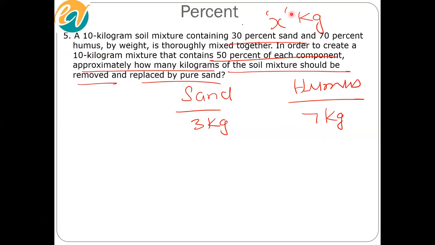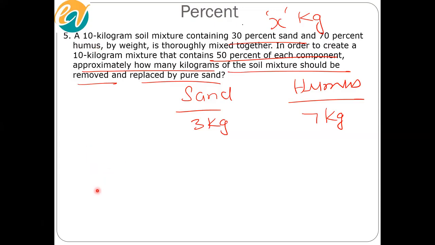So when you remove X kgs of this soil mixture, 30% of X will be the sand removed, and 70% of X will be the humus removed. Are you guys clear?